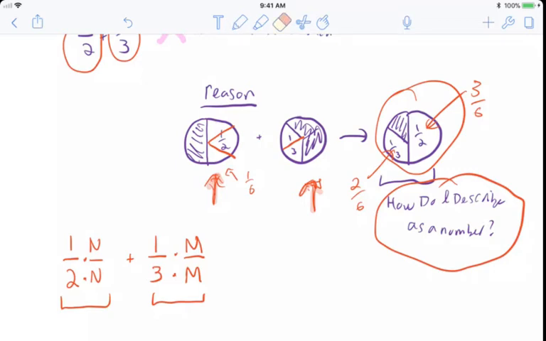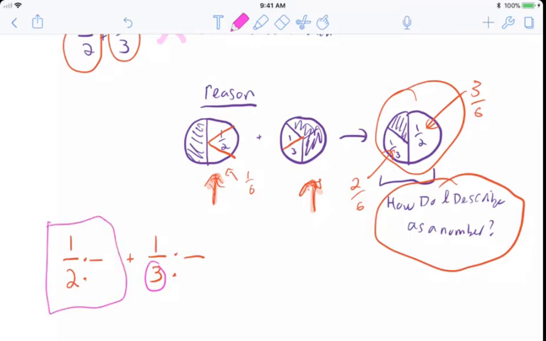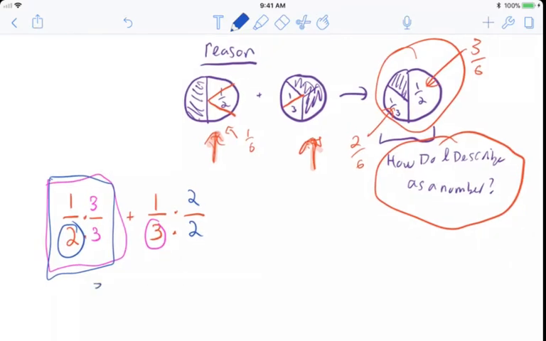In this case, there's a fairly easy way to figure out an easy common denominator, and that's just to take that number there, 3, and multiply this guy top and bottom by that number, and then take this number over here and multiply this one top and bottom by that same number. So this now represents the same quantity, but it becomes 3/6.